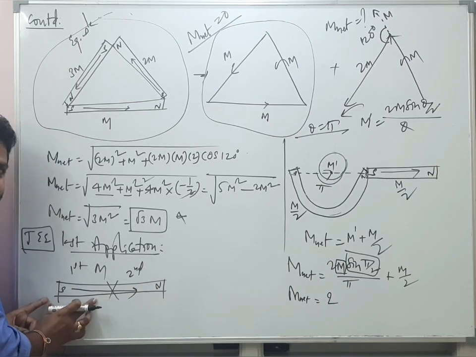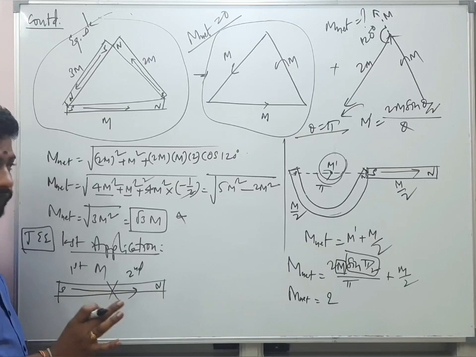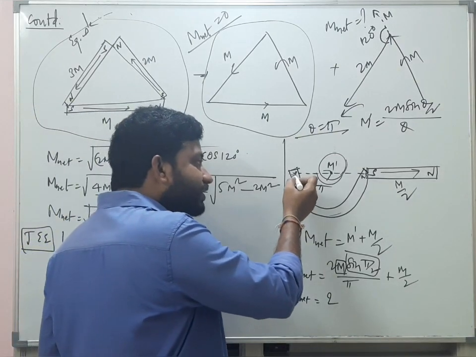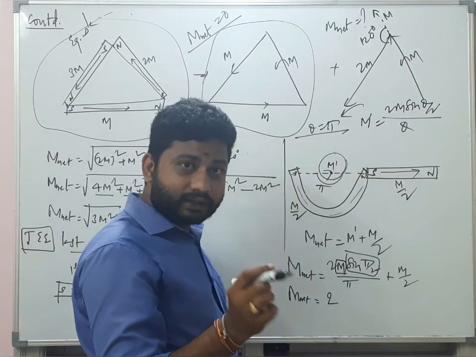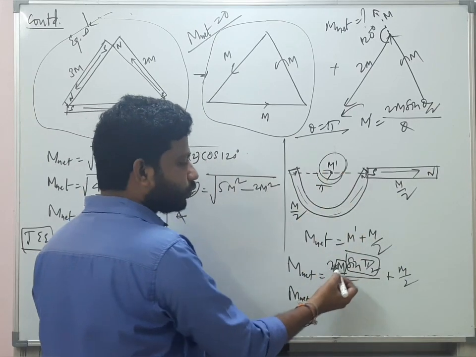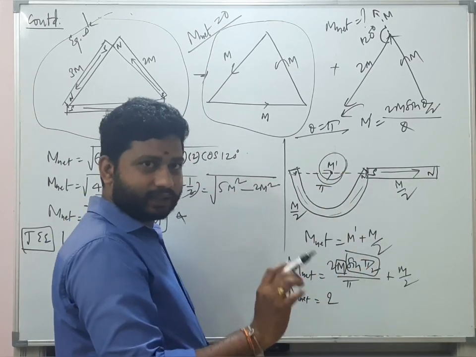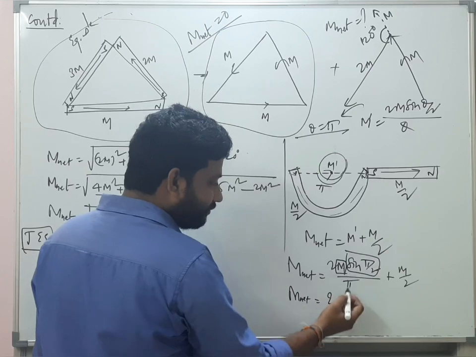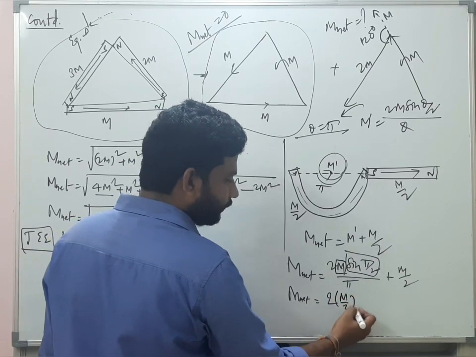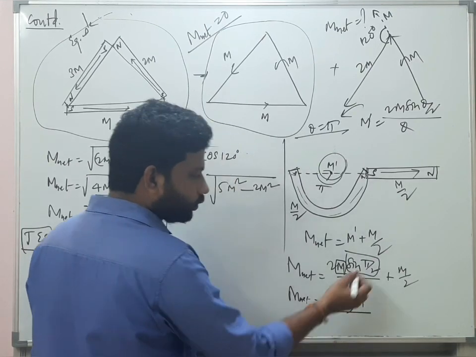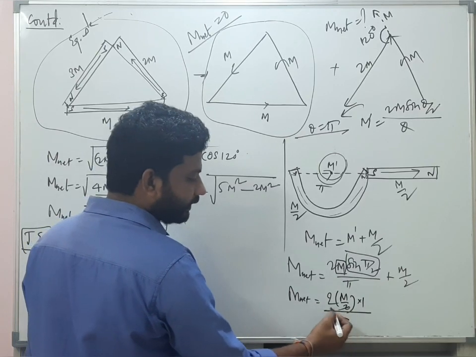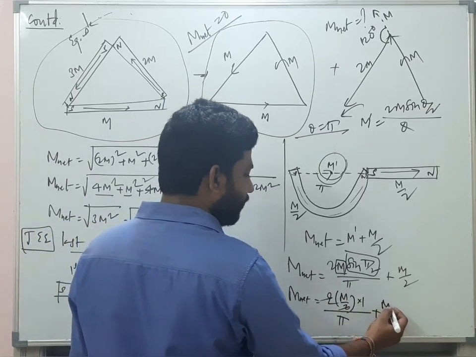This will have M by 2 and this will have M by 2. Because you bent it into the form of an arc, its magnetic moment becomes 2M sine theta by 2 by theta. So this M is M by 2 now, into sine pi by 2 is 1, divided by pi. The 2 is cancelled, plus M by 2.